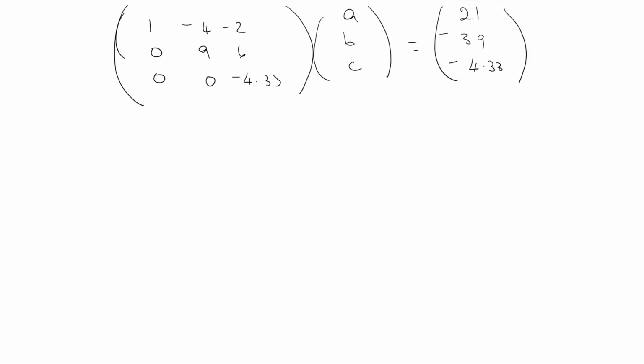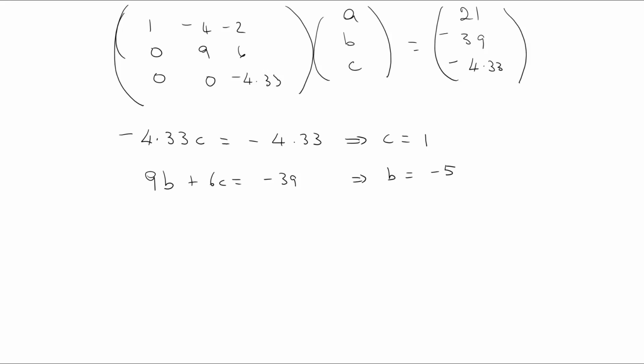So, from the bottom line then, negative 4.33 times C equals negative 4.33. So C is 1. Then we can put that into the second line. So we get 9B plus 6C equals negative 39. And that'll give us that B is equal to negative 5.